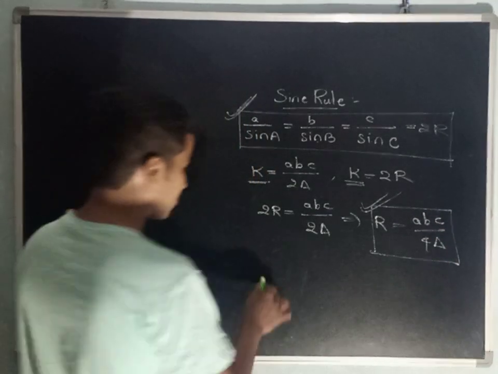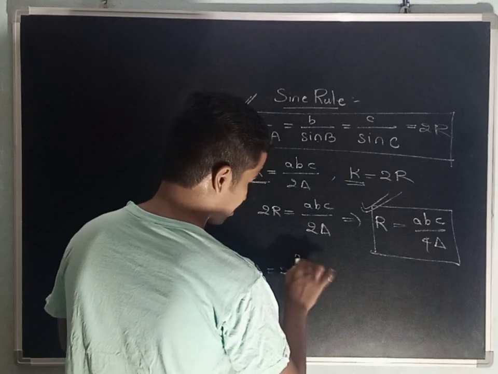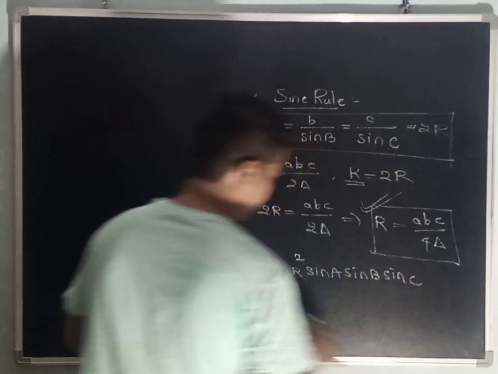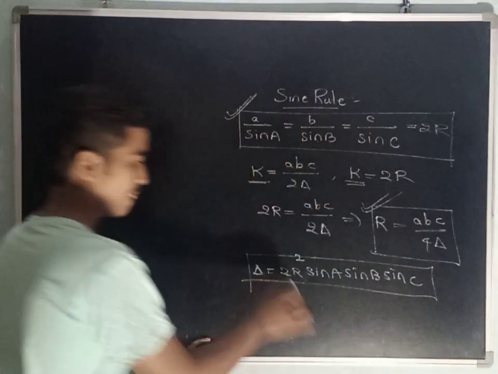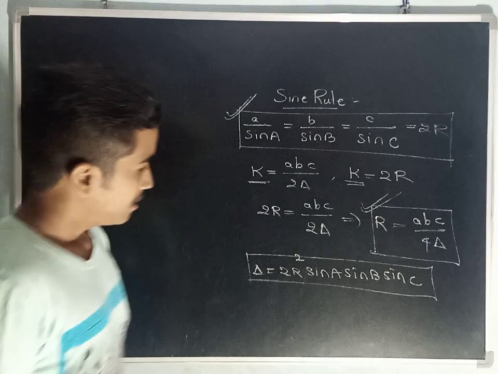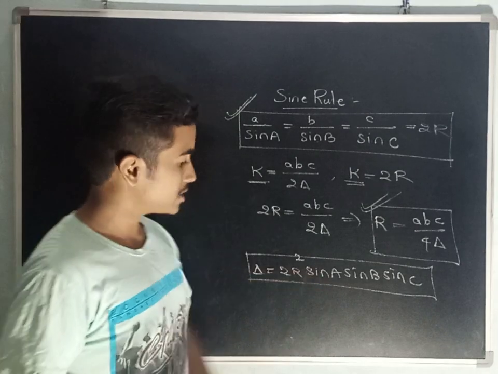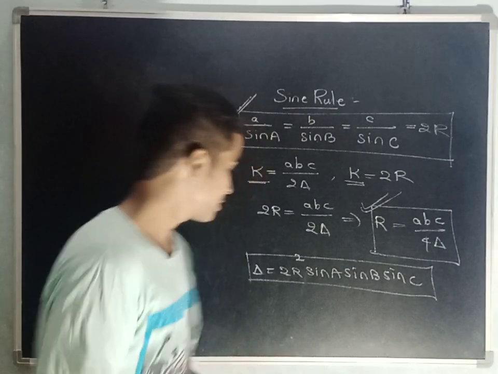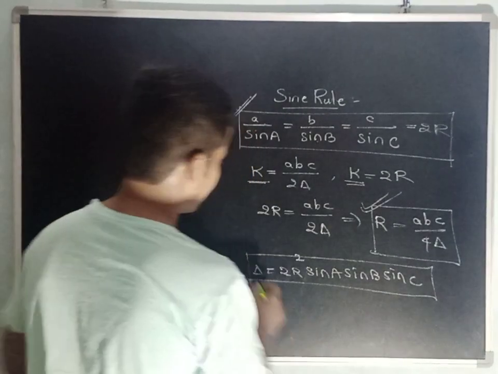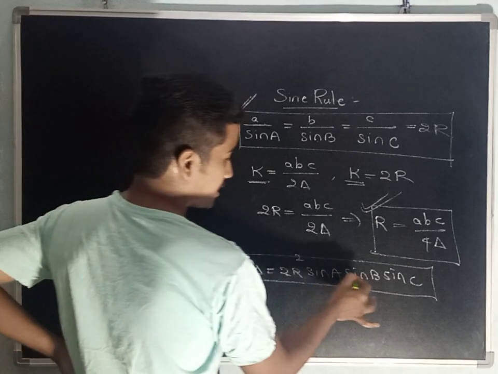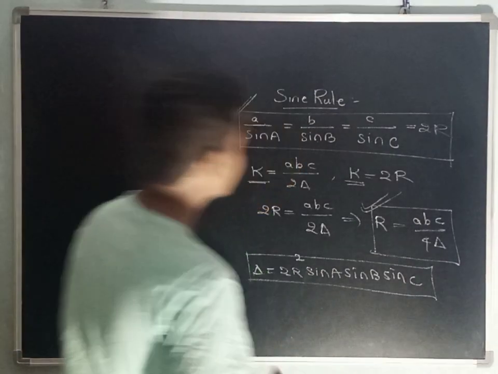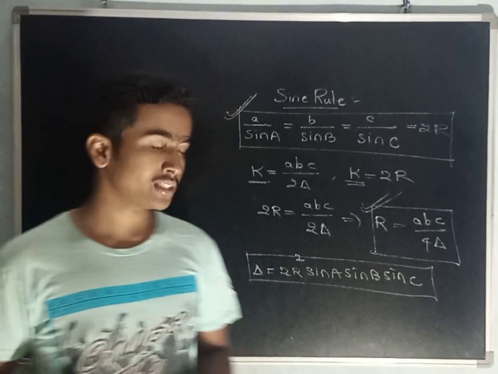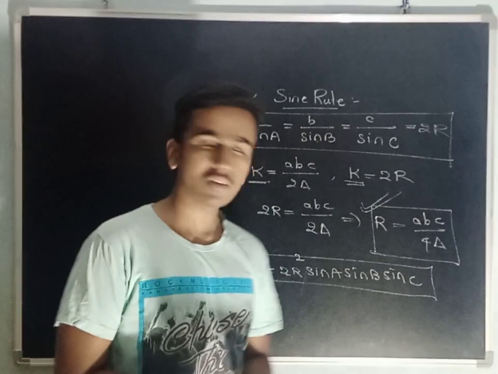And we discussed another point, that the area of the triangle is equal to 2R square sine A sine B sine C. We have also discussed its derivation, and if you want, you can check my previous video. I have given the link in the description box. These are the concepts we discussed in the previous video.